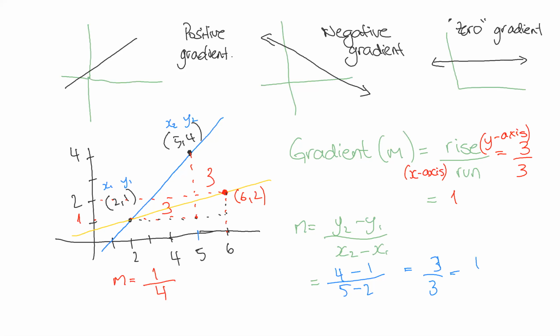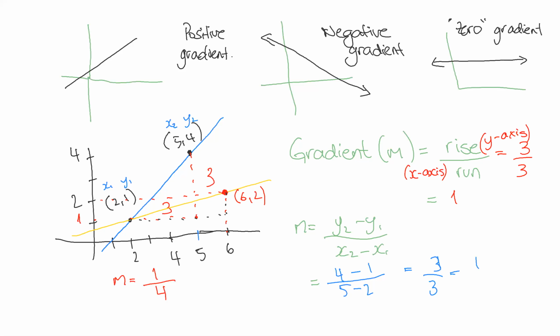So if we compare our first answer, we've got a gradient of 1. And if you compare the gradient of a quarter, what do you think is happening here, guys? As we get closer to 0, can you see that the line is getting closer to a straight line?